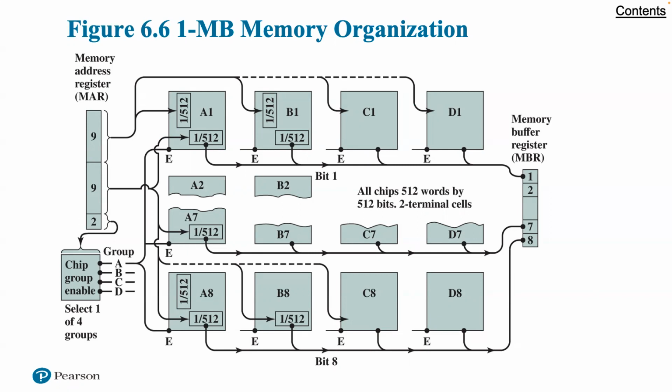In this case, we have 4 columns of chips, each column containing 256K words arranged as in figure 6.5. For 1 megabit words, 20 address lines are needed. The 18 least significant bits are routed to all 32 modules. The high order 2 bits are input to a group select logic module that sends a chip enable signal to one of the 4 columns of modules.